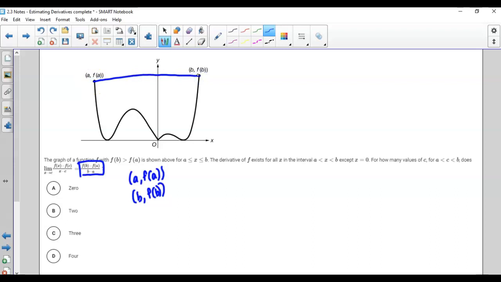They purposefully told you that f of b is greater than f of a so that you would know this line is increasing, with a positive slope because f of b is higher than f of a. And we want to know how many times this limit as x approaches c of f of x minus f of c over x minus c equals that slope through the endpoints.